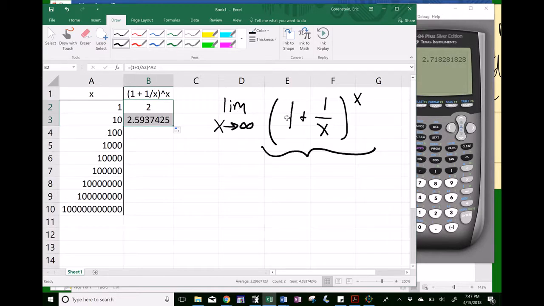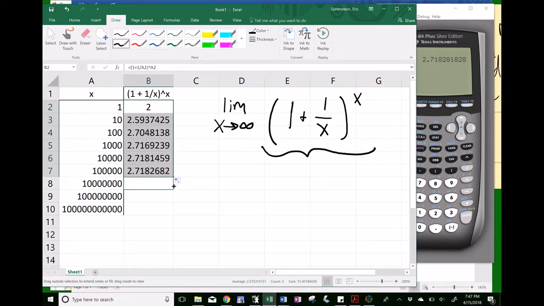So if you plug in 10 for x, you're at 2.59. If we plug in 100, 2.7. Plug in 1,000, 2.7169.